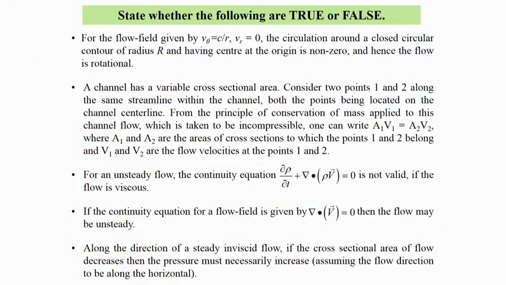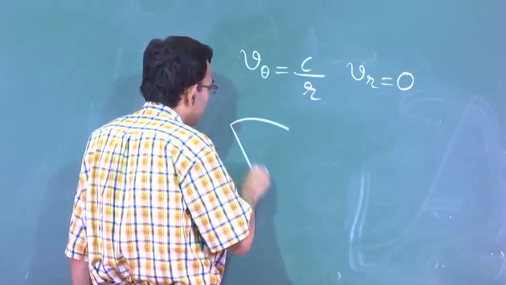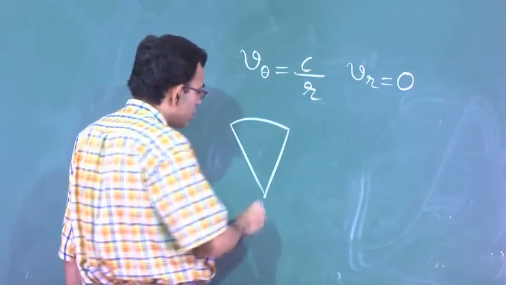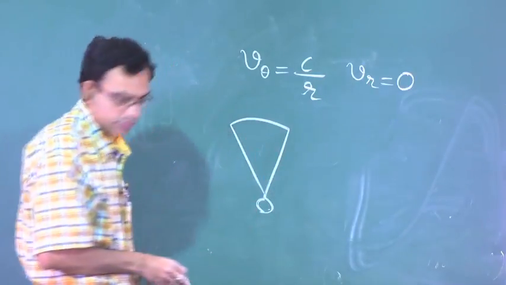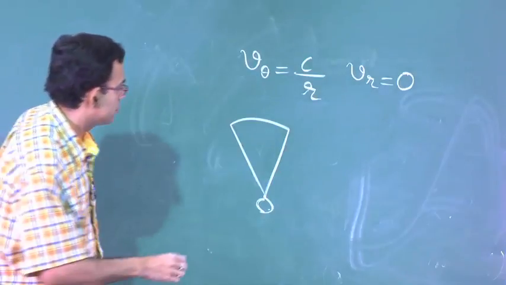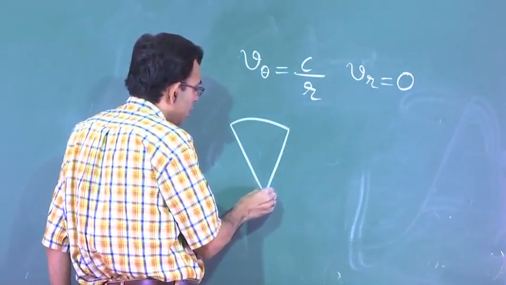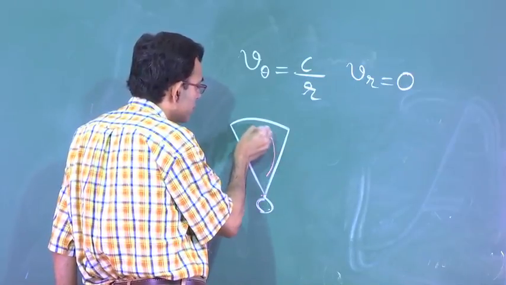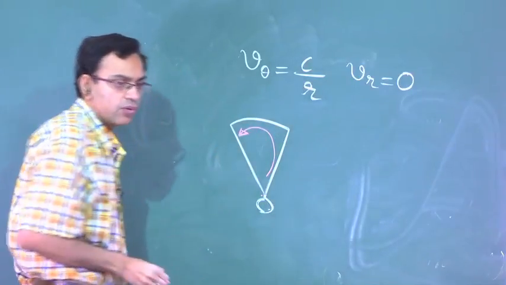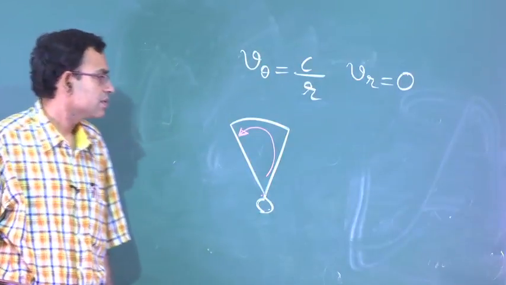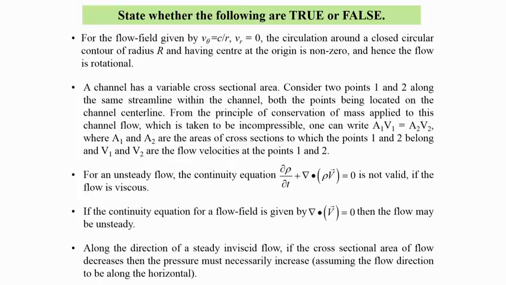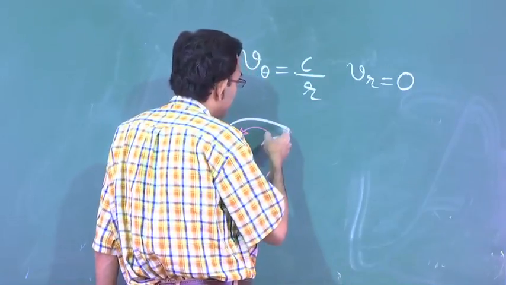So, the question is that if you calculate the circulation around a closed contour with the origin or the center included, if you calculate the circulation, then you can clearly spell out that this circulation.